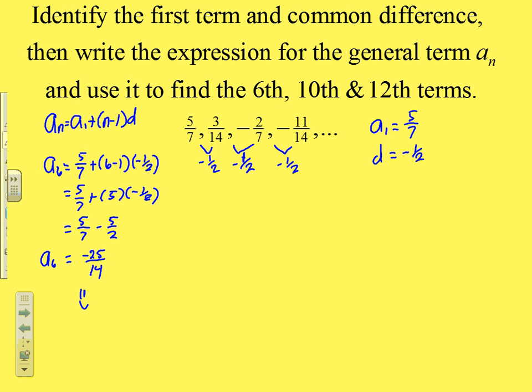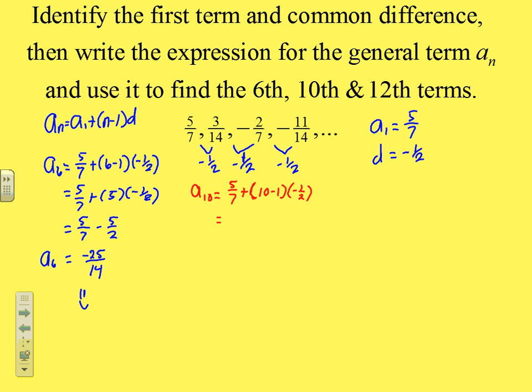Now let's try our next one, a sub 10, because again, we could keep saying minus 1/2, minus 1/2, over and over again. But just imagine if I asked you what is the 29th term. We wouldn't want to keep doing that, so we need to come up with a rule here. So a sub 10 is the first term, 5 over 7, plus 10 minus 1 times the common difference of negative 1/2.